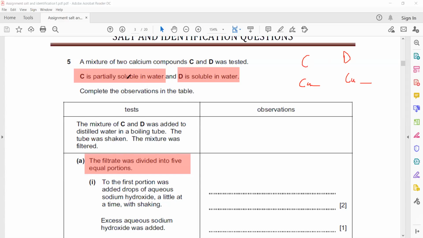C is partially soluble, a small amount is soluble. D is completely soluble. Filtrate means the substance which can pass through a filter paper. So actually D is the filtrate.